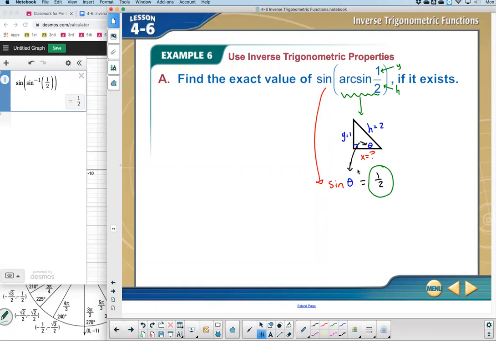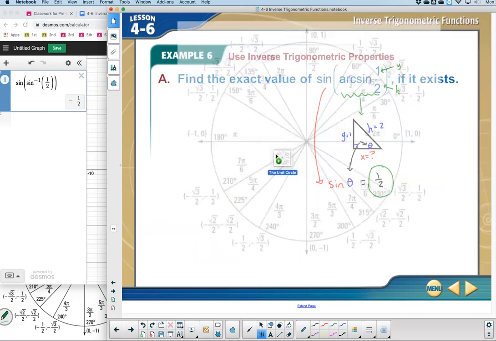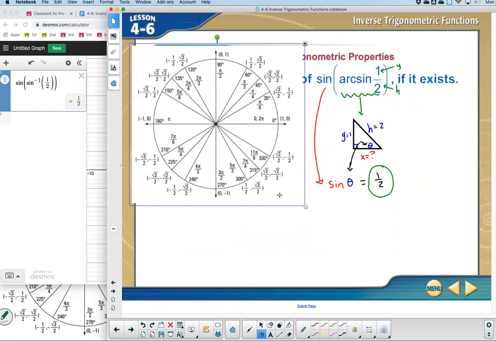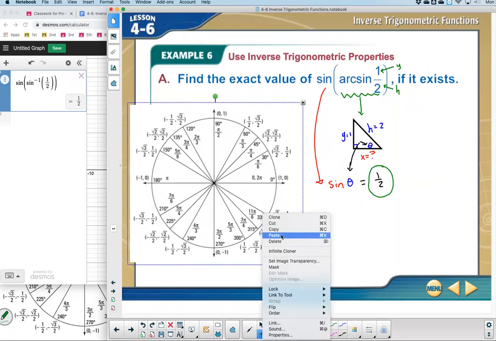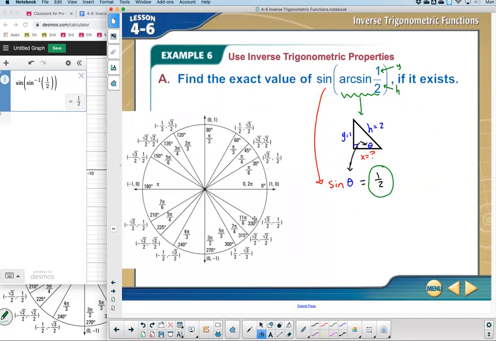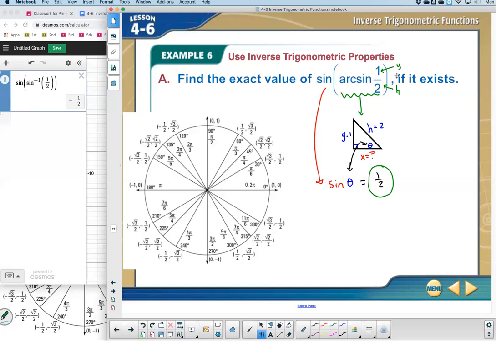Now, let me show you with the unit circle as a helpful guide, because not every problem is going to be this simple. I want this one. Okay, copy. All right. If my y is 1 and my h is 2, the first that occurs is right here.